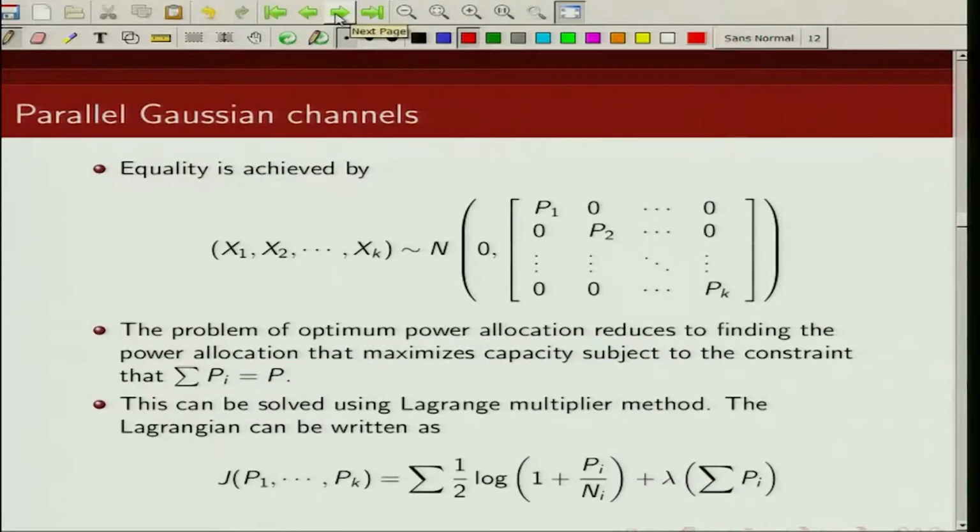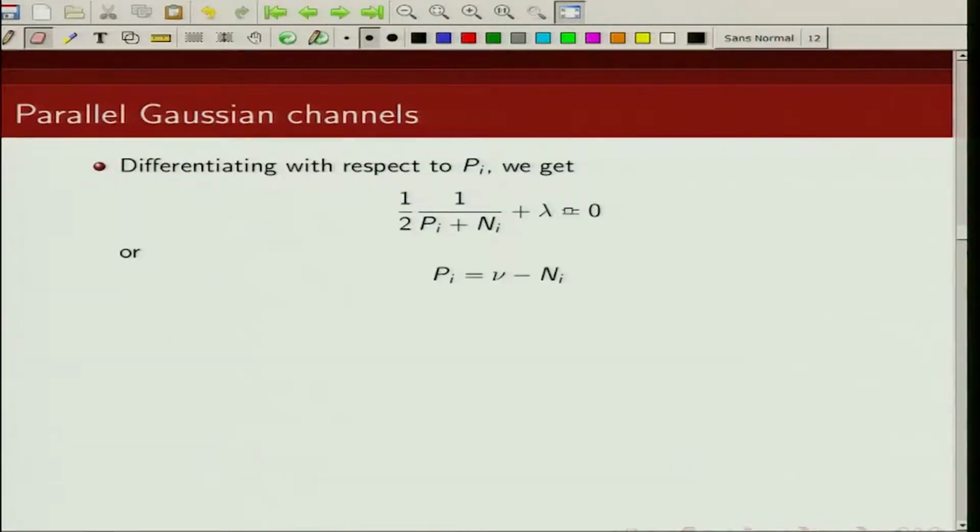Now we can solve this using the Lagrange multiplier method. So we form the Lagrangian, which is this capacity expression plus lambda times the constraint. Now if we differentiate this Lagrangian with respect to Pi, we get that Pi should be equal to mu minus Ni. I'll just define what my mu is.